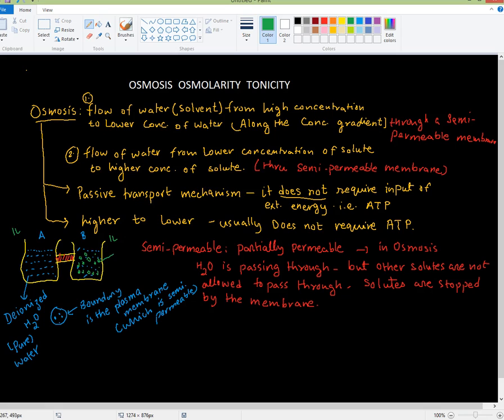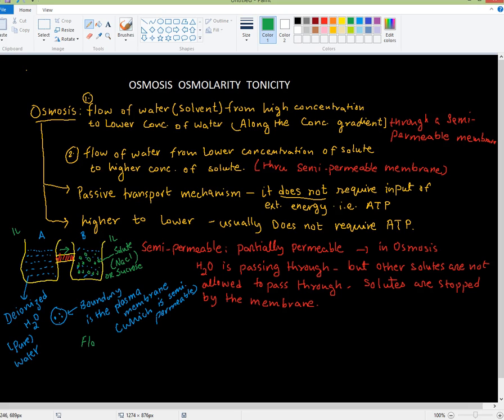So the green stuff here is solute. It could be NaCl or sucrose, anything, whatever it is. So the concentration of water is more here, so the flow would be from A to B.